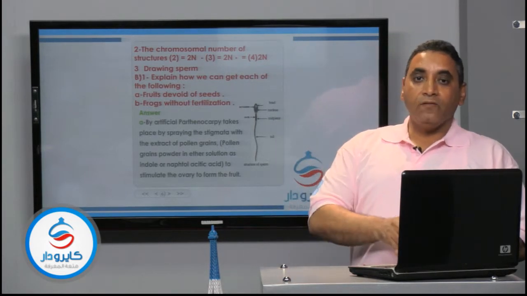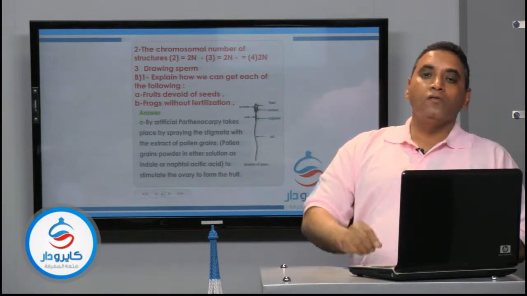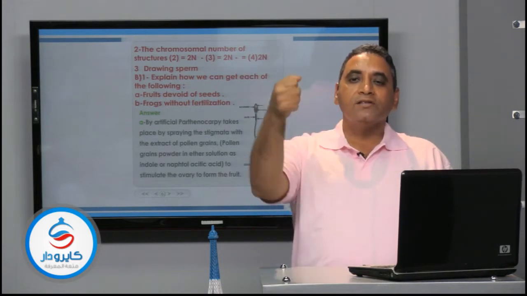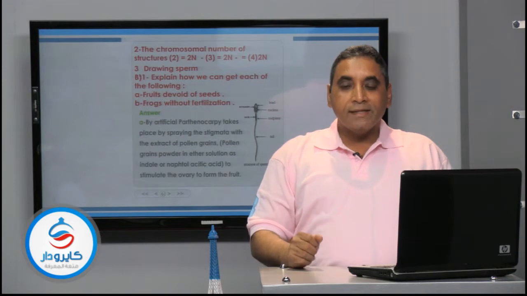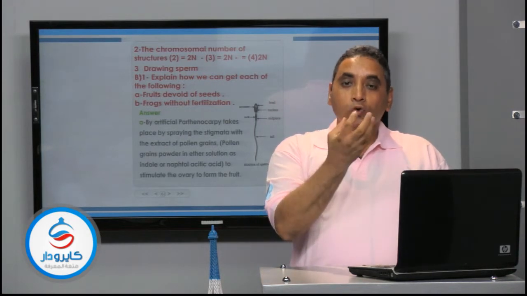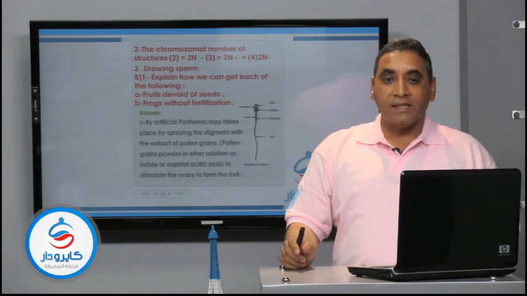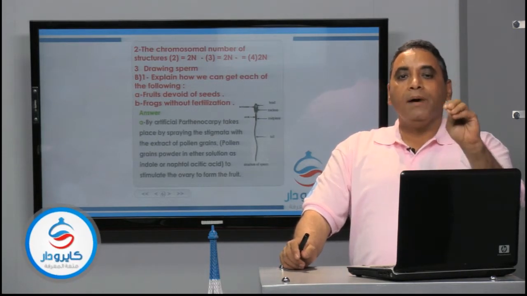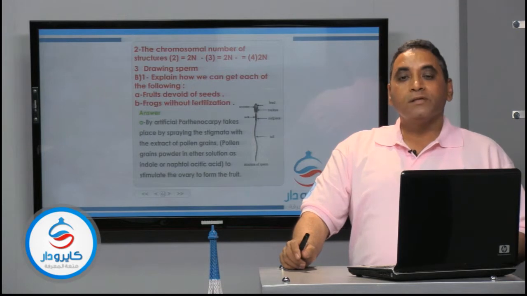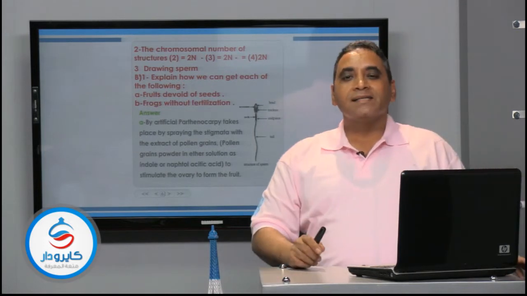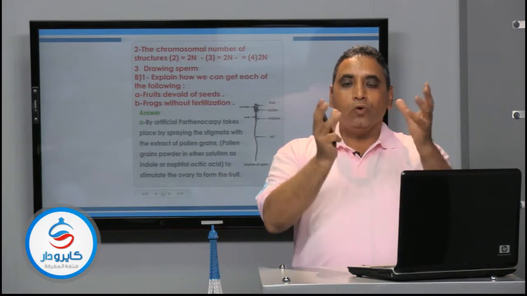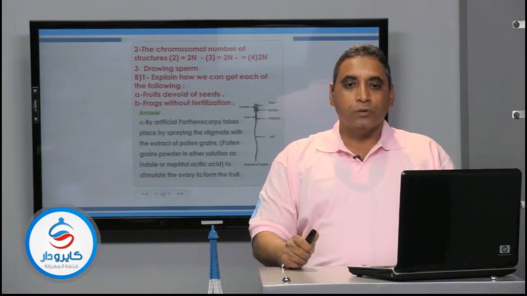That takes place if we spray the stigma of the flower with the extraction of the pollen grains dissolved in water or ether, that stimulates the ovary to grow to change into fruit without seeds. That is the formation of fruit without seeds, which is called parthenocarpy, and parthenocarpy does not act as a kind of reproduction, but just growth. The ovary grows to change into fruit.